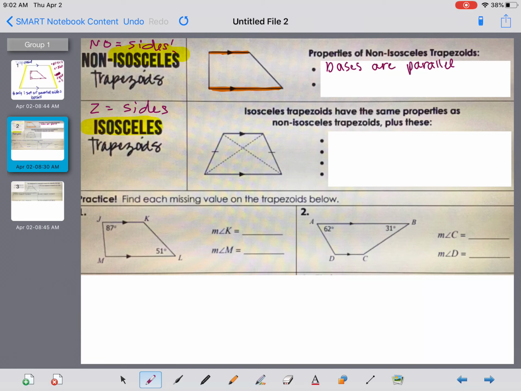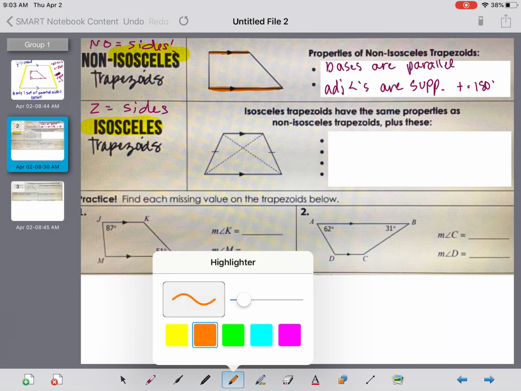And the only other thing that you need to know about a non-isosceles trapezoid is that adjacent angles are supplementary. And remember that that word supplementary means that they add to equal 180 degrees.